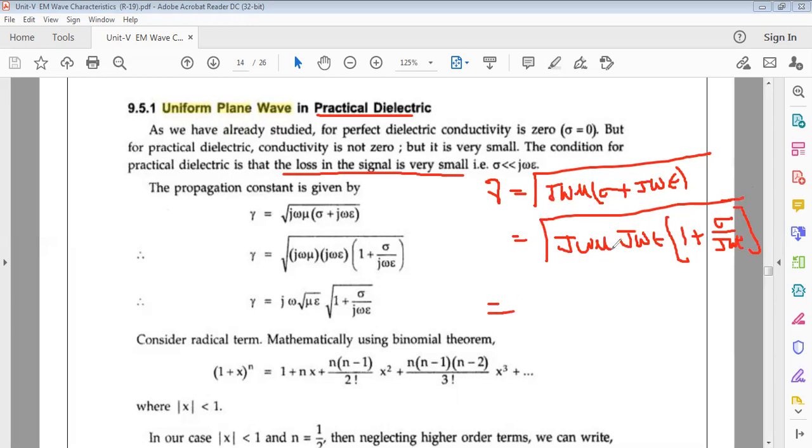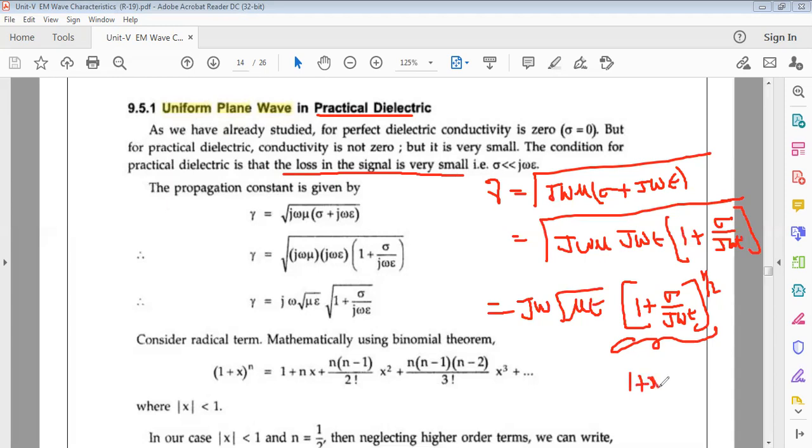That is equal to j omega, since j omega squared, outside, under root of mu epsilon, and another term, 1 plus sigma by j omega epsilon whole power 1 by 2. And for this radical factor, apply the binomial theorem, considering it as 1 plus x whole power n, where x is sigma by j omega epsilon and n is equal to 1 by 2.